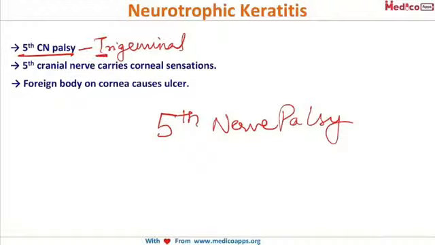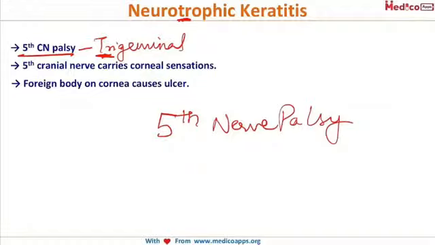T is present in trigeminal nerve and neurotrophic as well. Both have TR: trigeminal, trophic. So neurotrophic is due to trigeminal, that is fifth cranial nerve palsy. We know that the fifth cranial nerve carries sensations to the cornea, so this is lost in this keratitis.